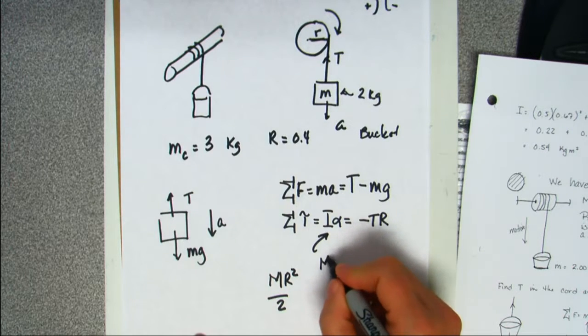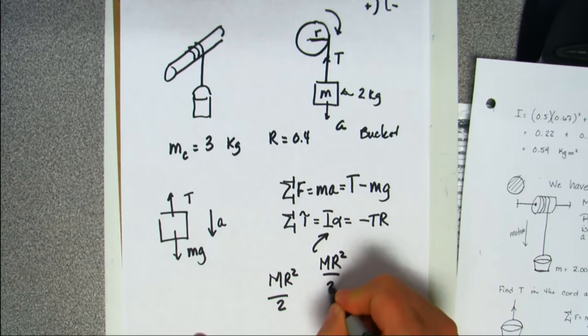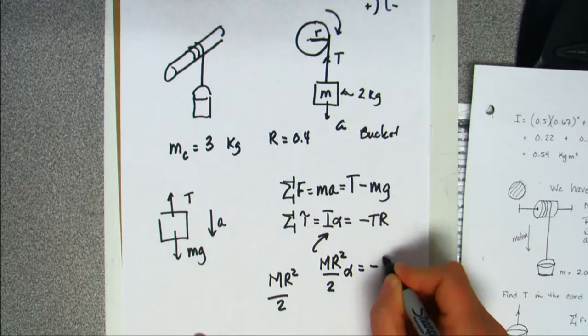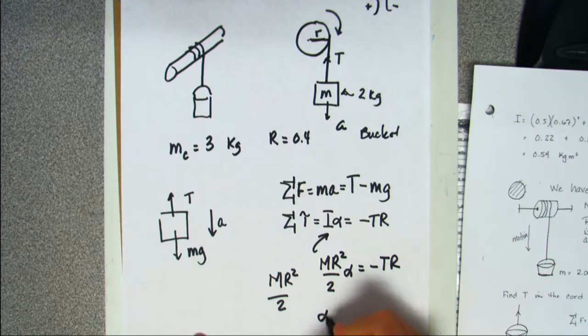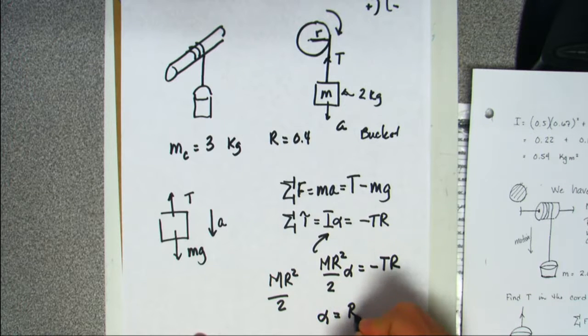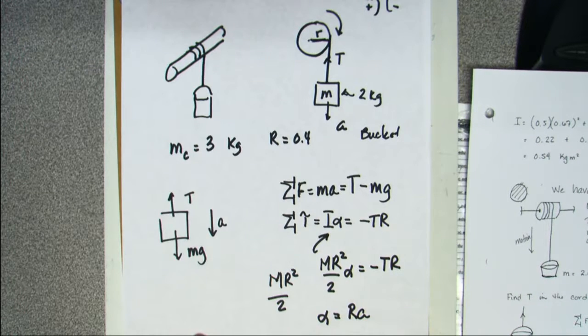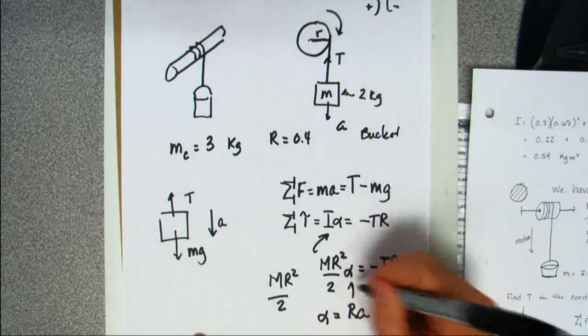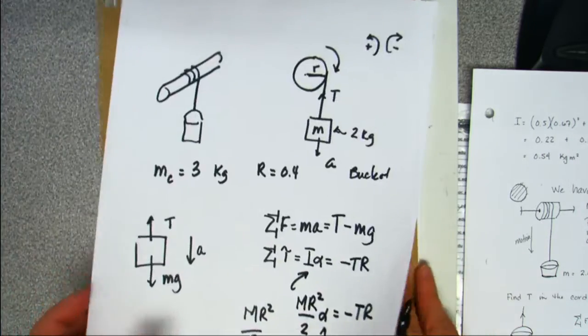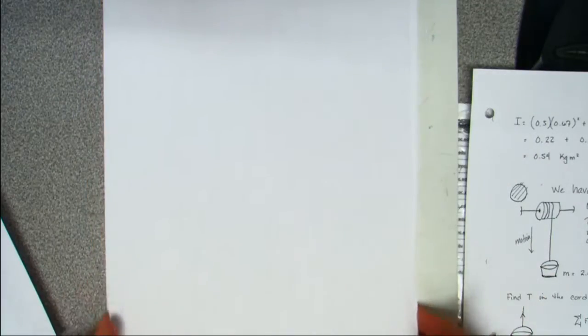So I'm going to get mr squared divided by 2. Alpha is going to be minus TR, but alpha is also a over R. So I can plug that in. So now I have an equation that looks like this.